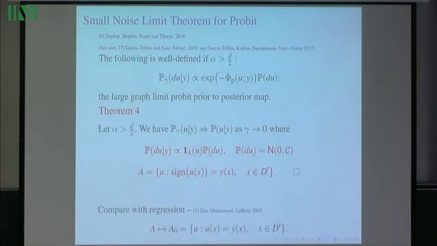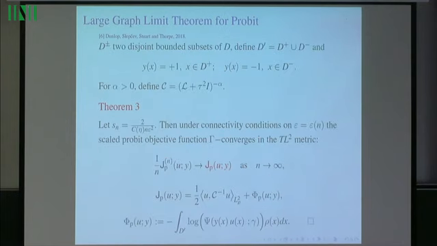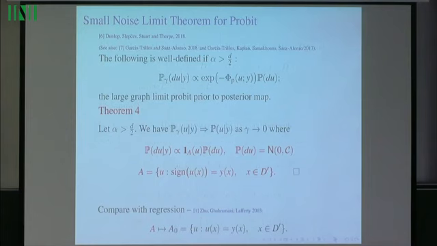But what I'm going to do is simply write down a Bayesian inverse problem that corresponds to this MAP estimator, and then study what happens to it when the noise in the observations goes to 0.